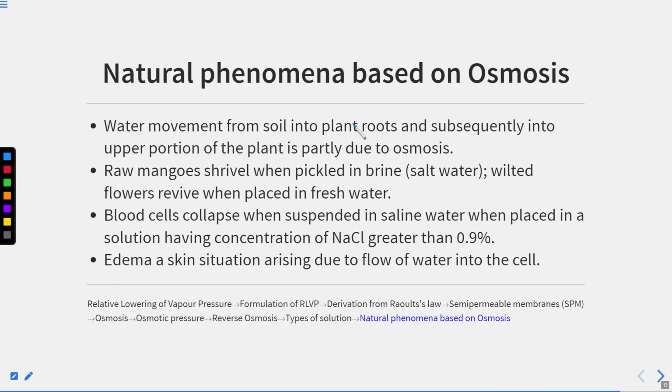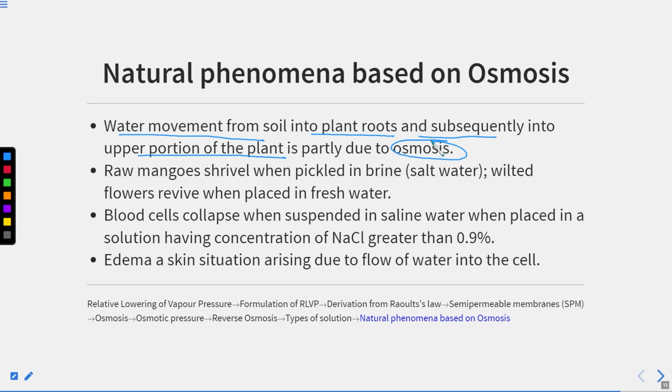Next, we will look at some natural phenomena that occur in front of our eyes. The first one is the water movement from soil into plant roots and subsequently into the upper portion of the plant. It happens partially due to osmosis. Some capillary movement is also involved, but osmosis also has a role to play. I told you earlier that the movement takes place from lower concentration to higher concentration.